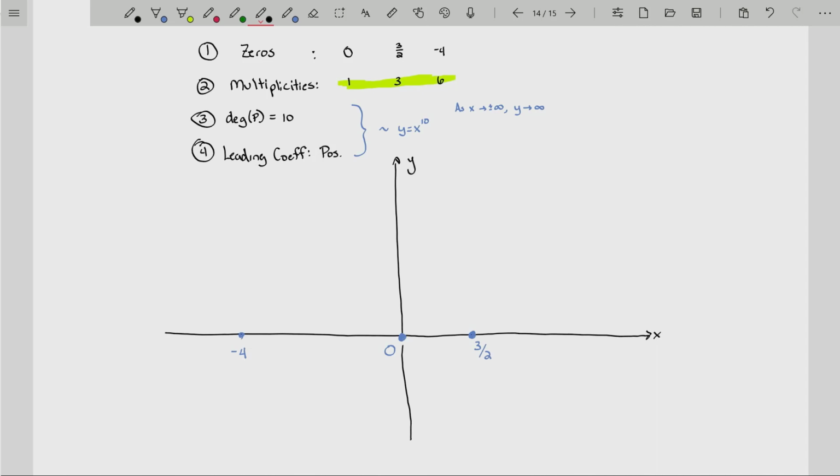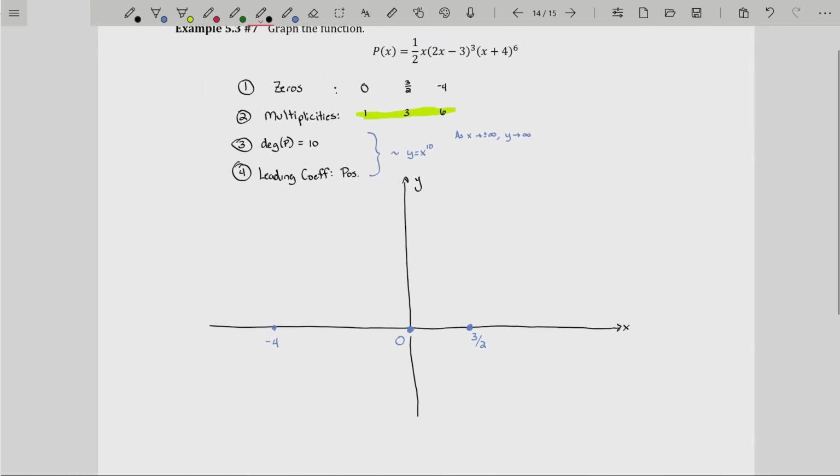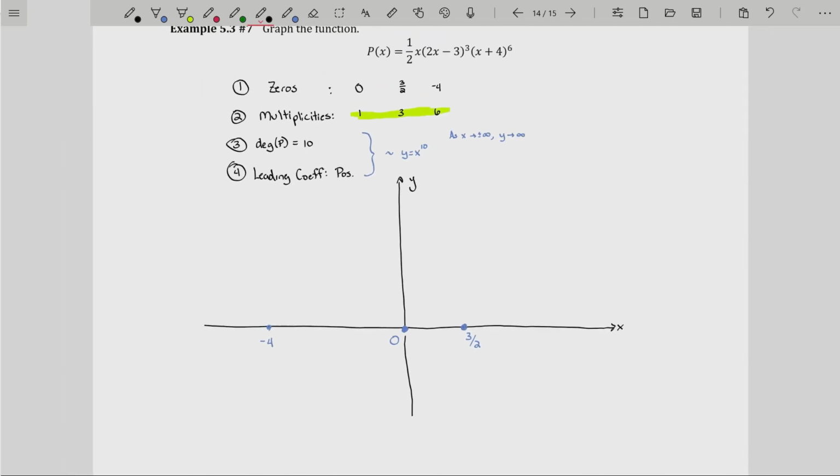And now I'll go ahead and start graphing this polynomial. We do know the end behavior should be up and up. As x either goes to positive infinity or as x goes to negative infinity, we know that the edges of our graph should rise up to positive infinity.